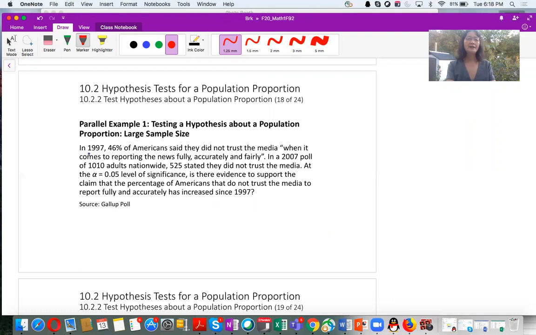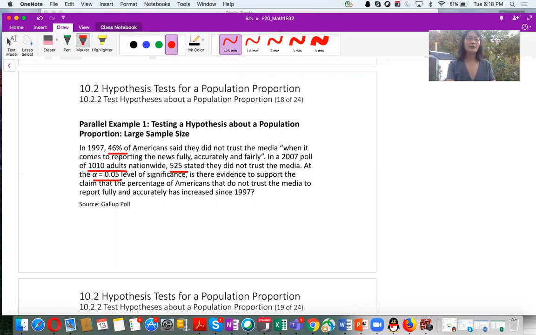In 1997, 46% of Americans said they didn't trust the media when it comes to reporting the news fully, accurately, and fairly. In a 2007 poll of 1,010 adults nationwide, 525 stated that they didn't trust the media.